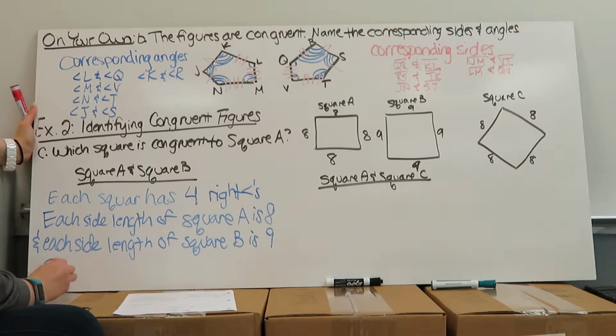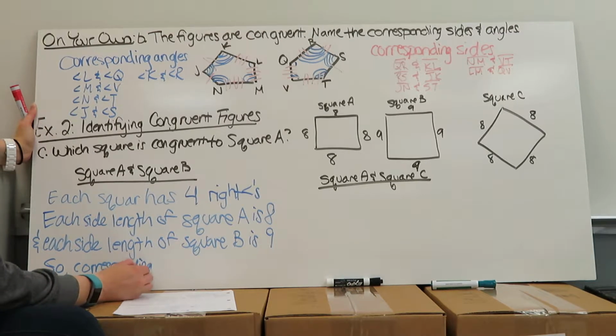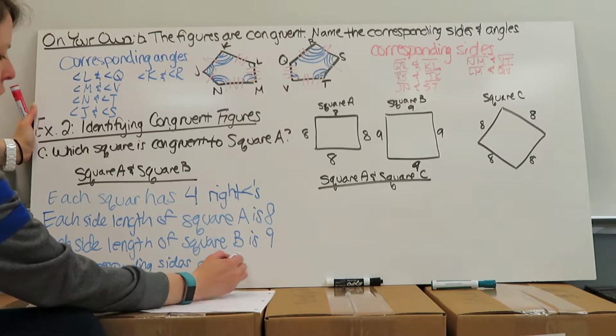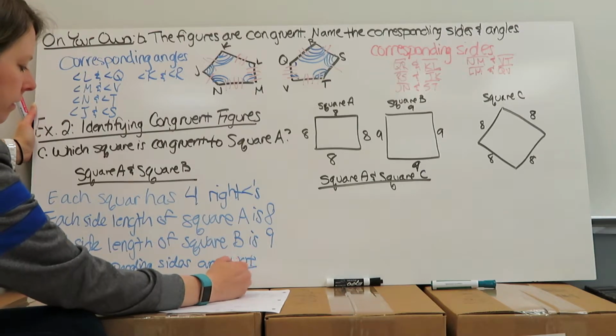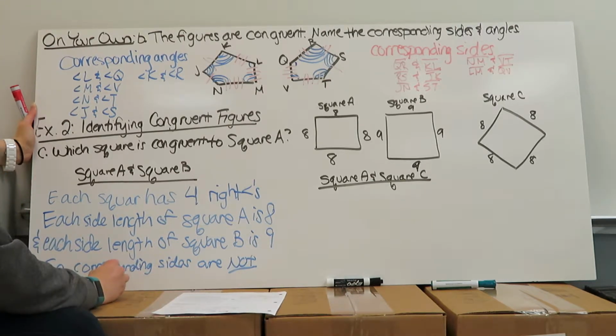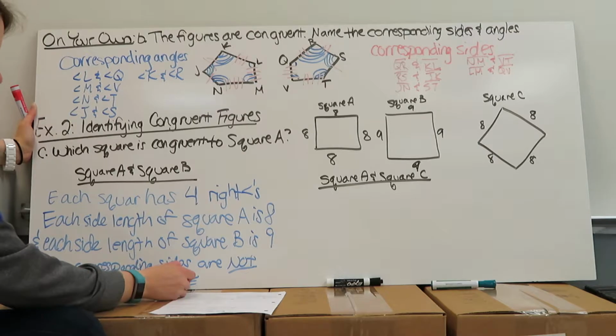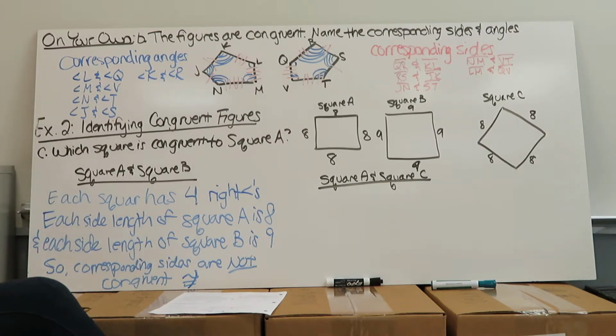So, corresponding sides are not congruent. So you can show that with your equal sign and that tilde, and you can put a little slash through it to make it say not congruent to.